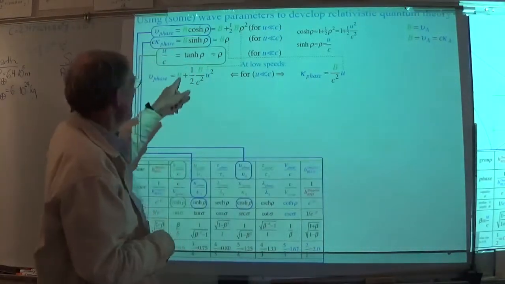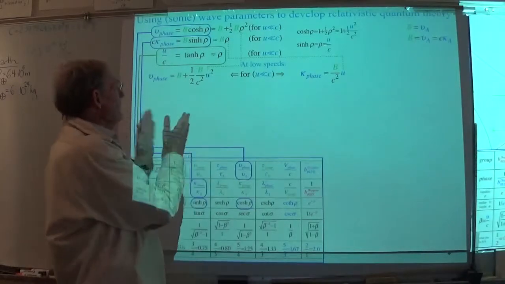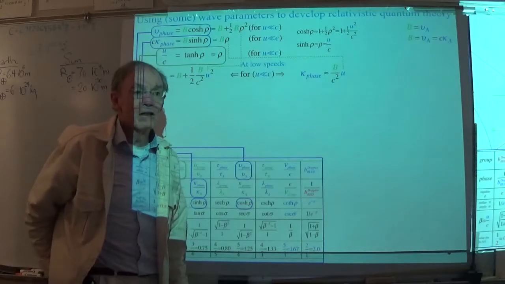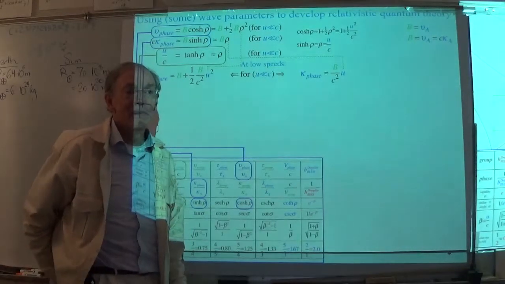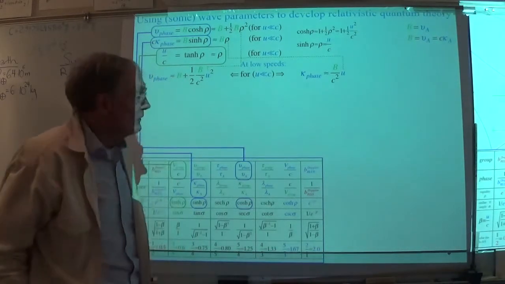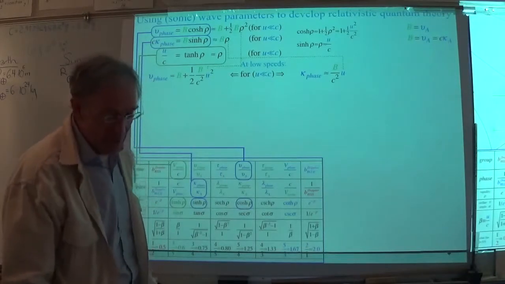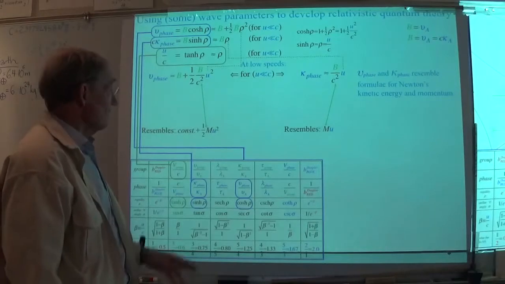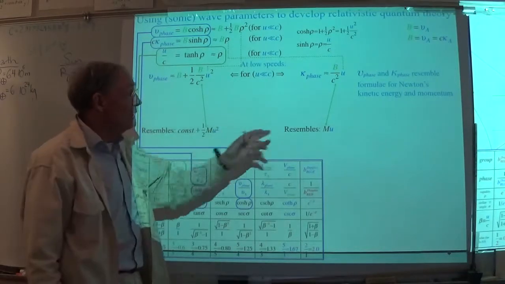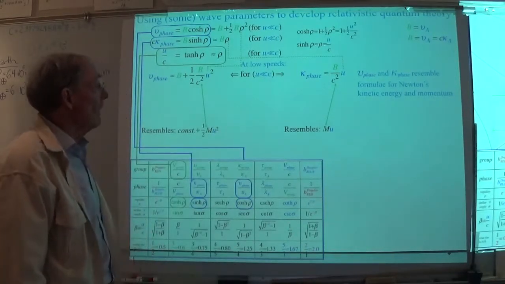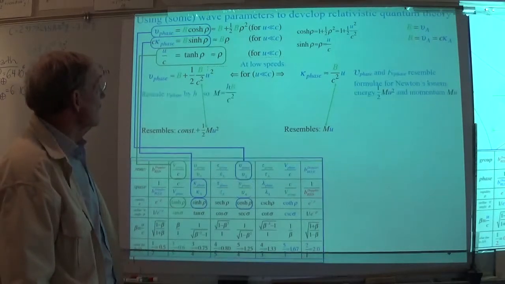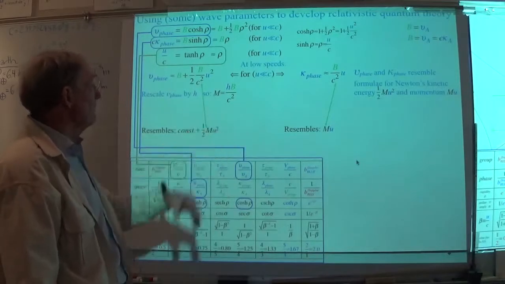Except for this dumb b here, but that doesn't bother me, because you can put any constant you want on kinetic energy and the calculation will be the same. It's only a difference in that that's going to count in any sort of collision or whatever. Okay? So, we're saying this resembles what we've seen before. Okay? With an m, that's that silly constant there. It's the same m for both.